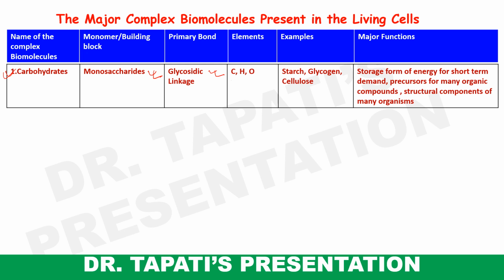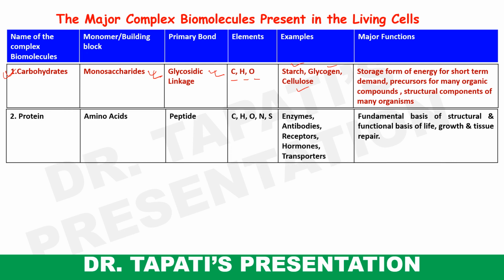Primary elements are carbon, hydrogen, and oxygen. Examples are starch, glycogen, and cellulose. These are composed of glucose molecules. Major functions, if you consider for the polysaccharides, it is the storage form of energy for short-term demand. They are precursors for many organic compounds, and structural components of many organisms.